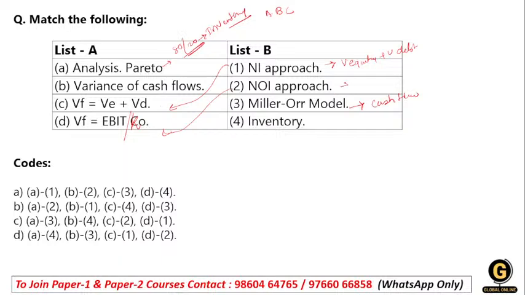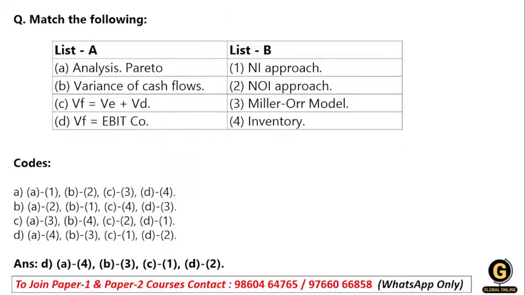But in the NOI approach we calculate the value of the firm with the help of earnings before interest and tax, compared with the overall cost of capital, KO. So the right answer for this question will be option D.